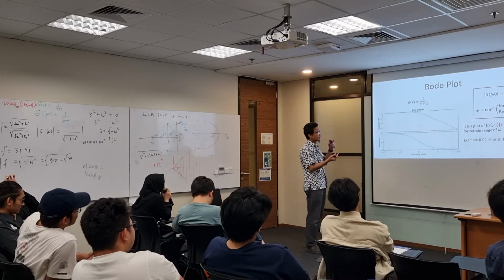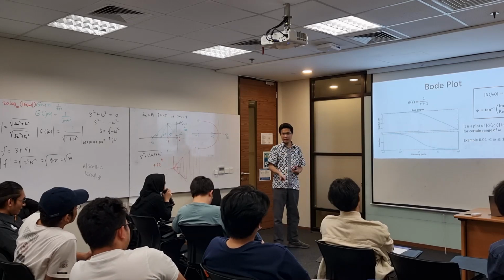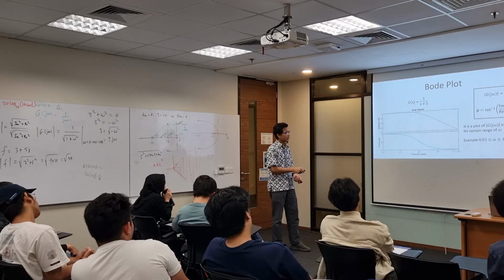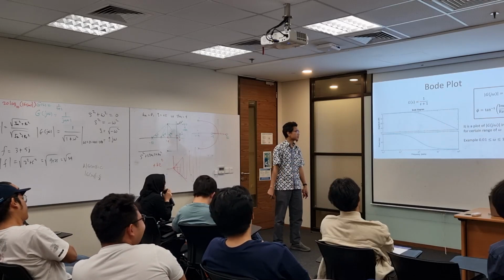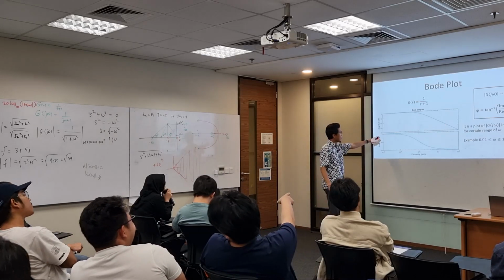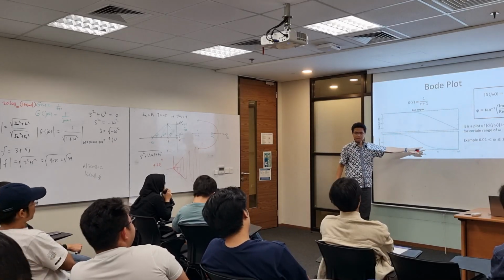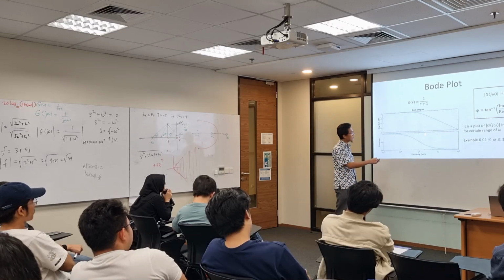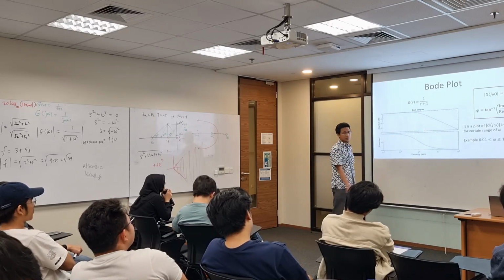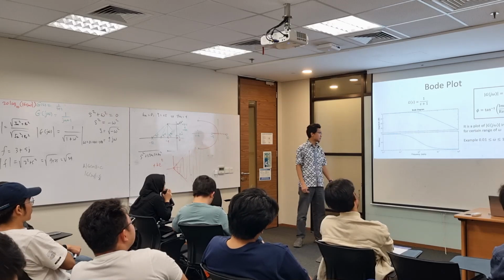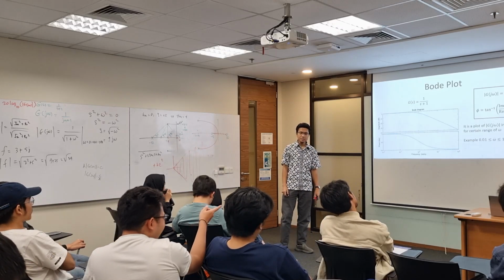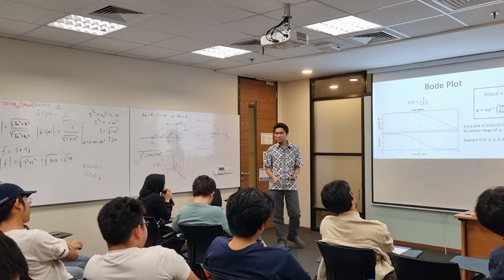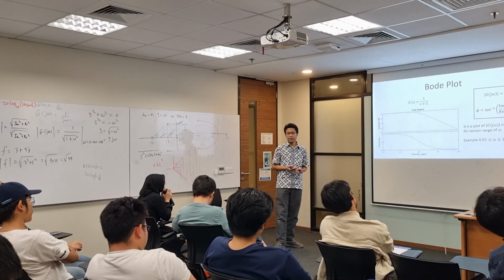If I give an input to the system greater than 1 radian per second, the system will react slower. The magnitude will become small, and the phase shift also changes. Here the phase shift is not so big, but beyond 1 radian per second it becomes minus 90 degrees. So this is the behavior of the system when we change the frequency.